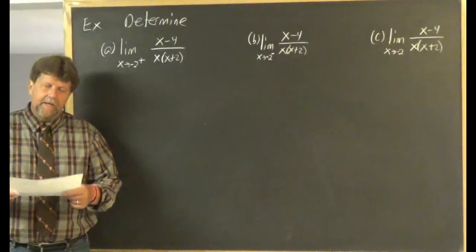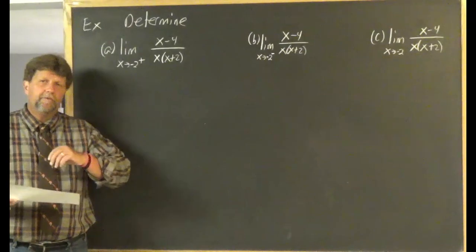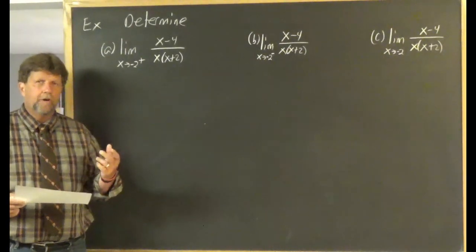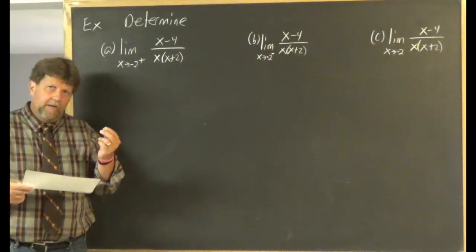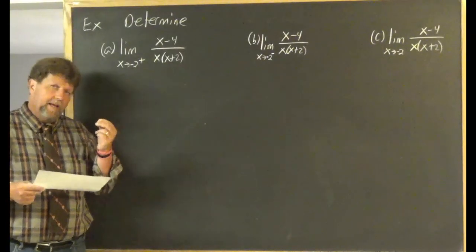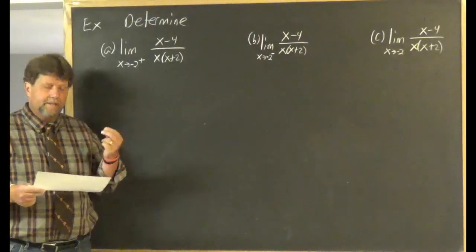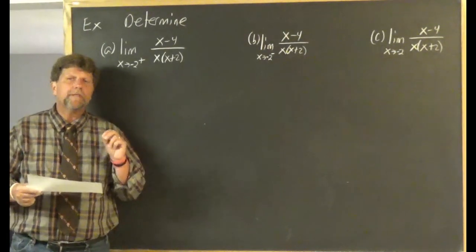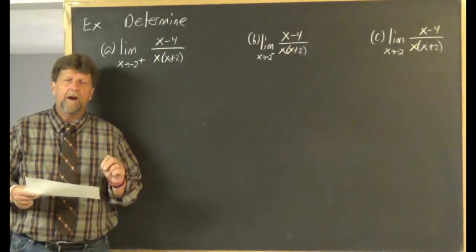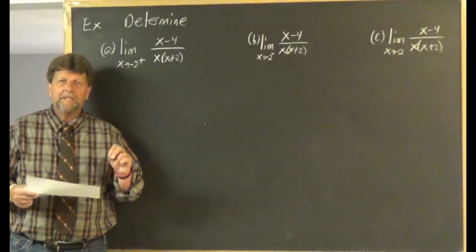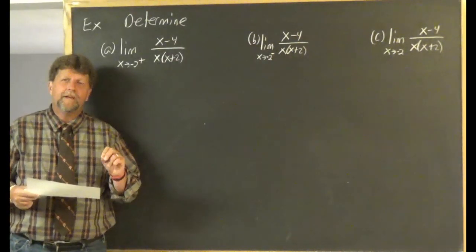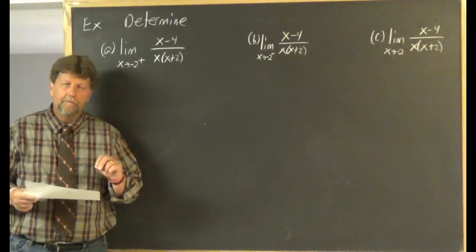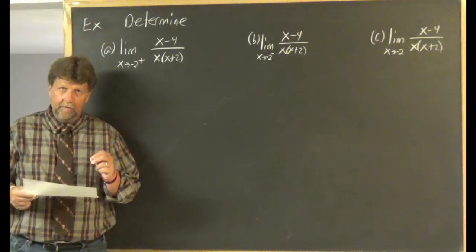All right, folks, in this example, we're asked to determine some limits. And before I came over to the chalkboard, I did point out to you that for the function (x minus 4) over (x times (x plus 2)), x equals negative 2 is a vertical asymptote for the graph. That's because negative 2 is a value of x that makes the denominator 0, but the numerator is not 0.